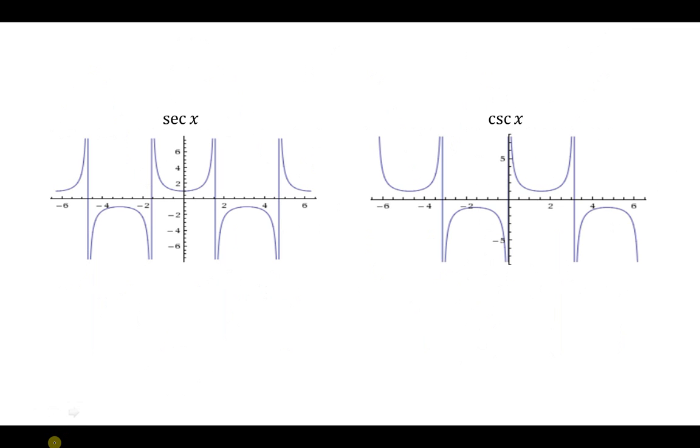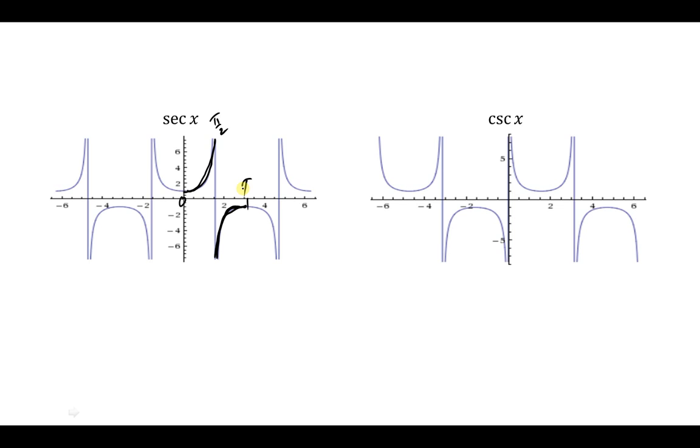Looking at the secant function, we would have to restrict the domain to be from 0 to pi over 2, and then from pi over 2 to pi.